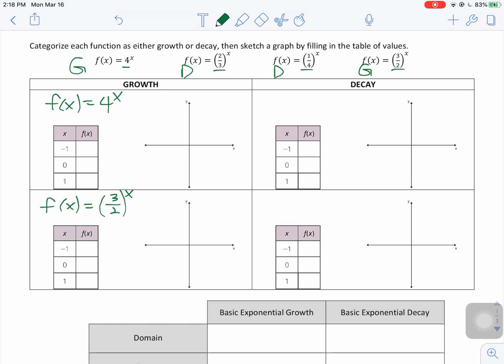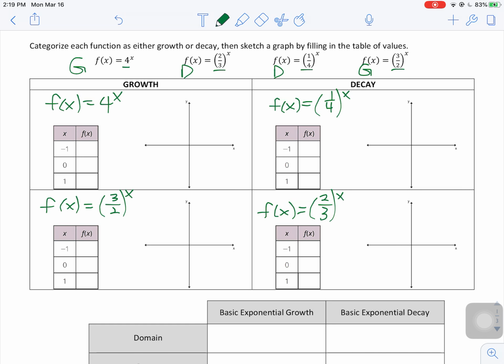And then on the right side for our decay graphs, let's do f of x equals 1/4 to the x. And then the last one is f of x equals 2/3 to the x. I will do one of these with you, and then I'll have you pause the video and you could try the other 3.